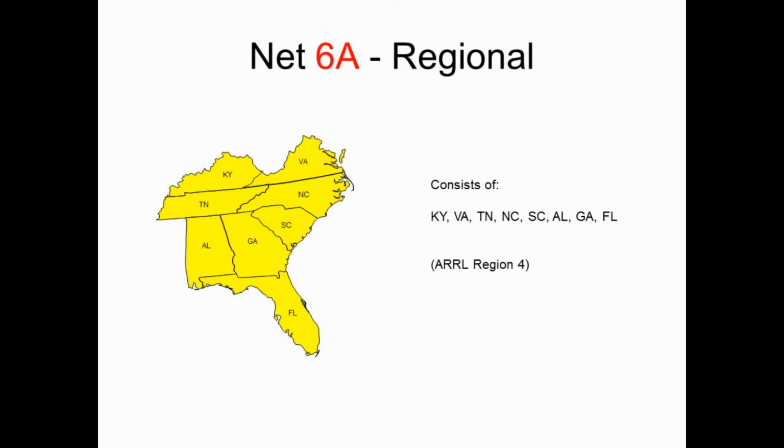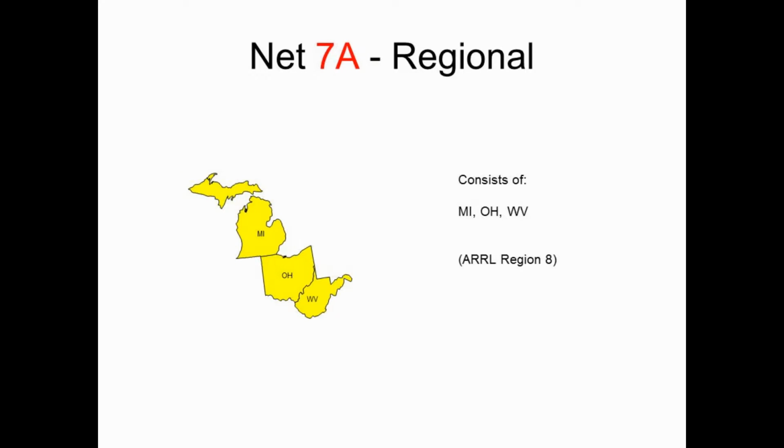The 6 Alpha regional net consists of Kentucky, Virginia, Tennessee, North Carolina, South Carolina, Alabama, Georgia, and Florida. It corresponds to ARRL Region 4. The 7 Alpha regional net consists of Michigan, Ohio, and West Virginia. It corresponds to ARRL Region 8.